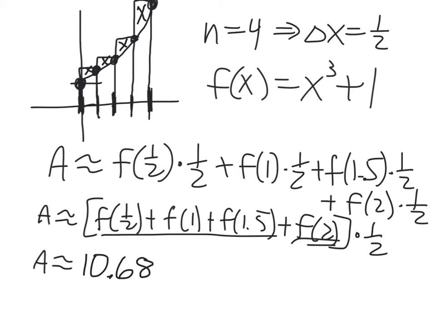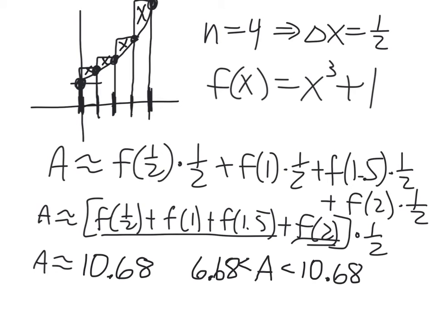So what we find from part A and B for this first step using 4 rectangles, the exact area is going to be between 6.68, which we found using the left endpoints, and 10.68, which we found using the right endpoints.